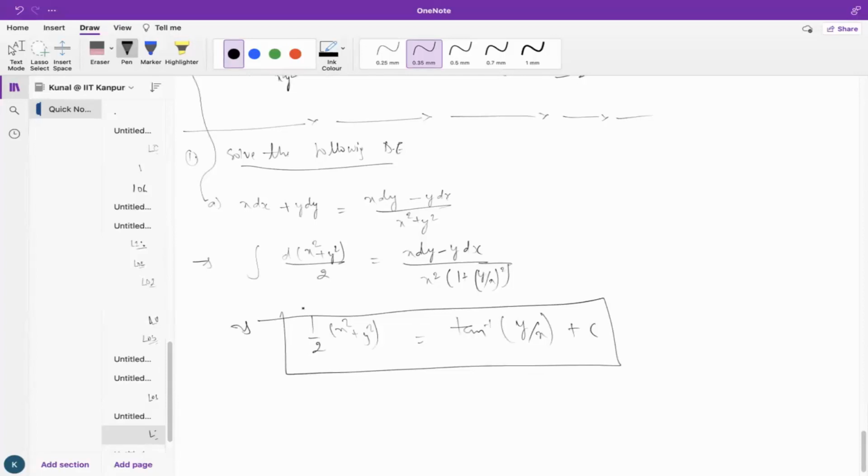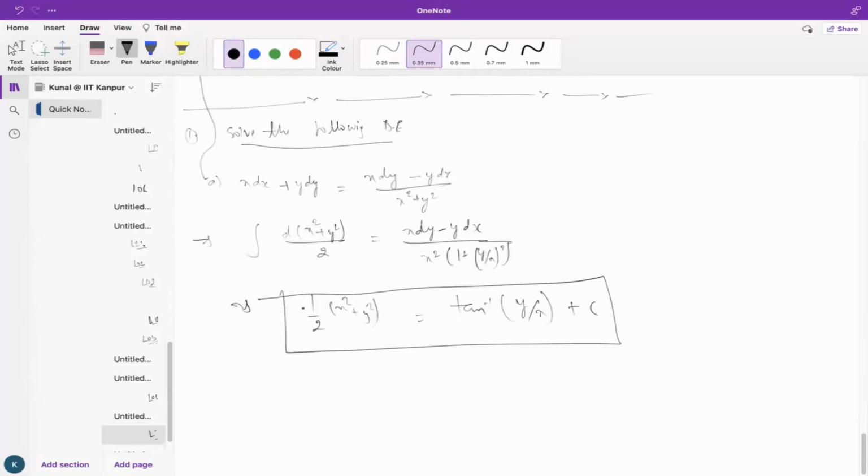Okay. Now let's move on to the next question. Question 2. It is something like x y to the power 4 plus y dx minus x dy is equal to 0.